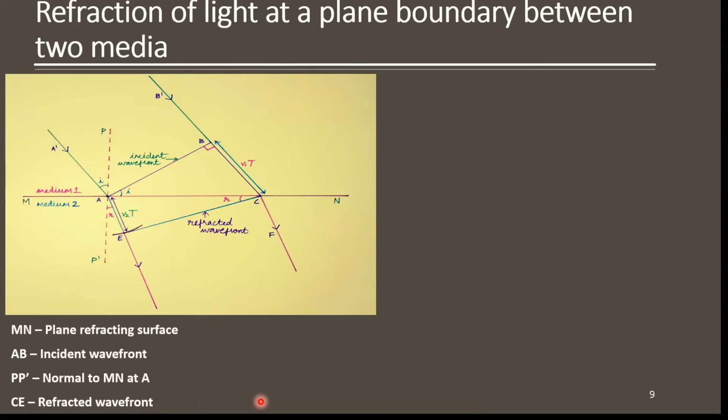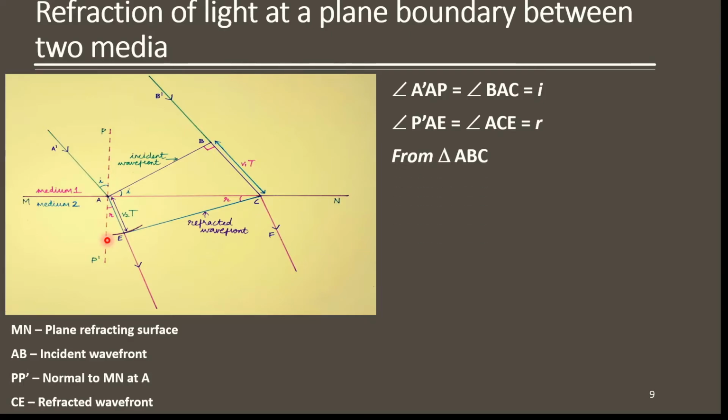See the figure. Angle A'AP equal to angle BAC equal to i. Angle P'AE equal to angle ACE equal to r.